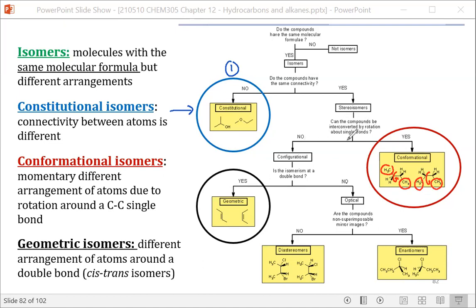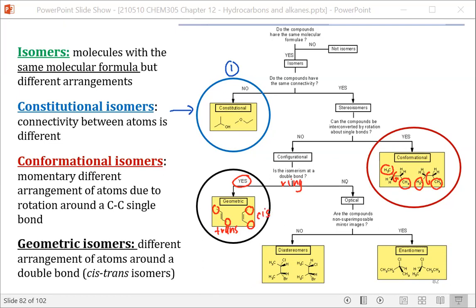So if the compound can't be interconverted by rotation, if your answer is no, that's when you get into configurational isomers. And if the isomerism is at a double bond or a ring, this is what we're dealing with here, geometric isomers. So we have trans, which means the two groups are on opposite sides of the double bond or the single bond in the ring that can't rotate, and cis, which means they're on the same side.